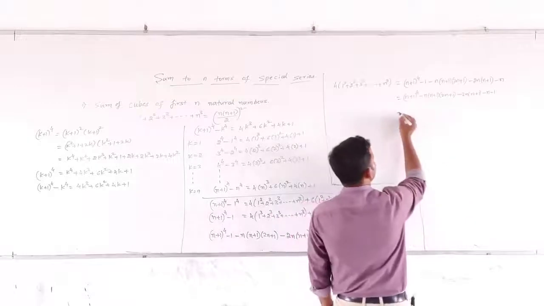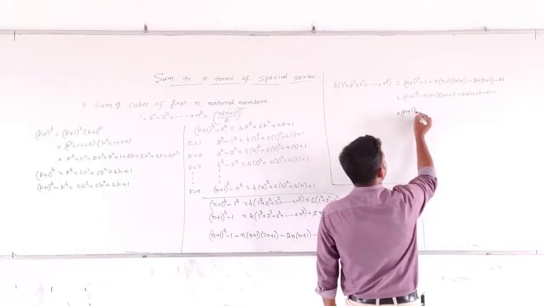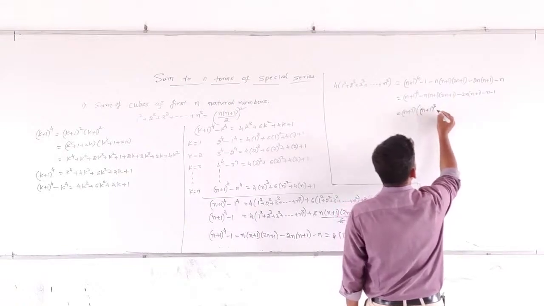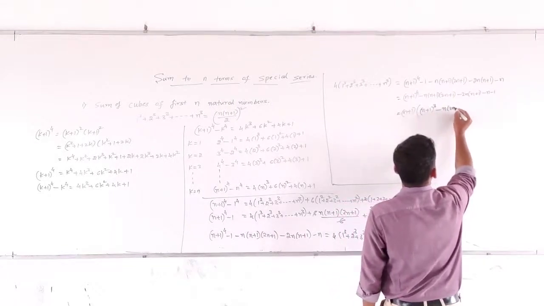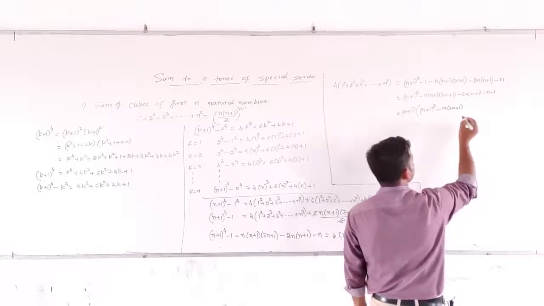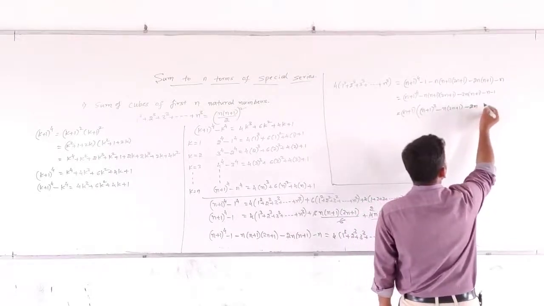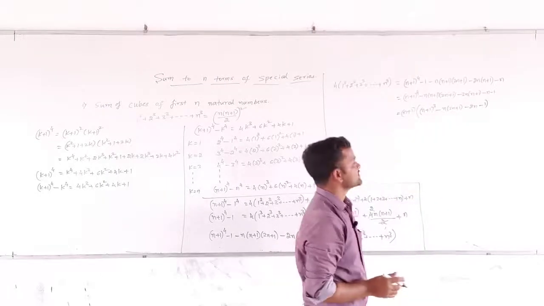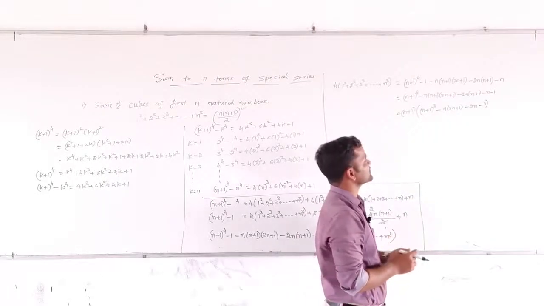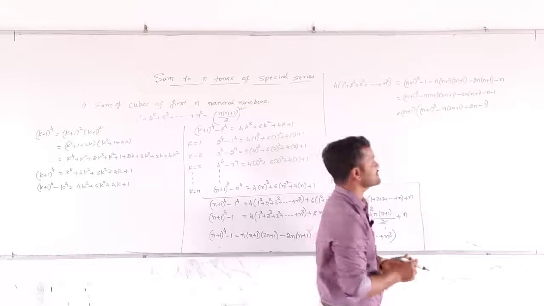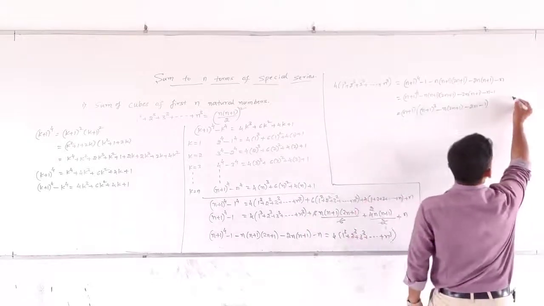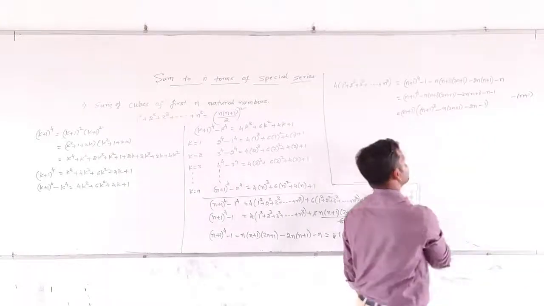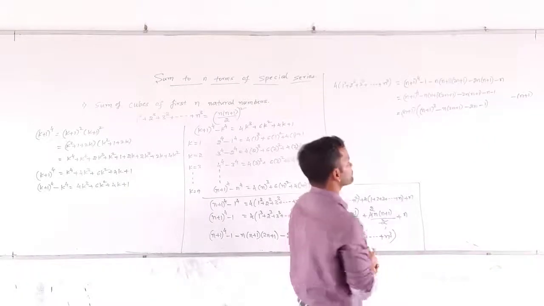Remaining terms: (n plus 1) cubed minus n into (2n plus 1) minus 2n. Here minus n minus 1 remains. If you take minus 1 common, that will be n plus 1. So n plus 1 we are taking outside.